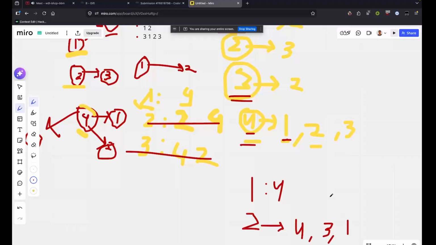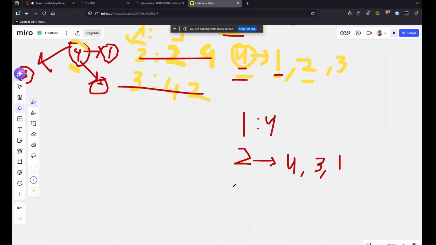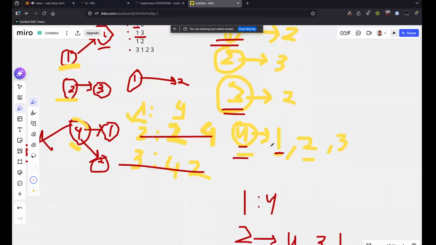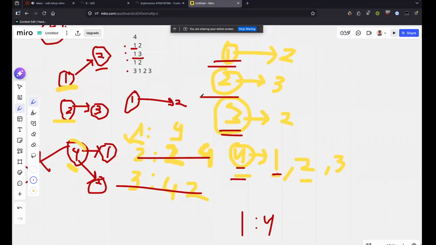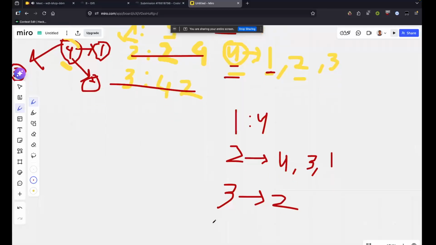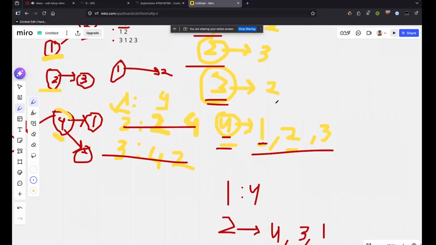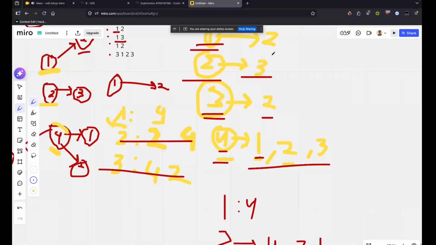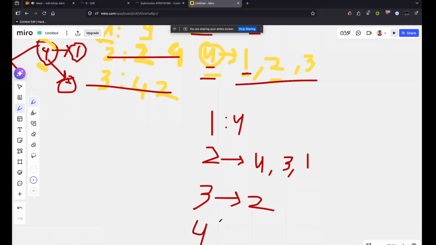And the third person, he is receiving gifts from person 2 only. So we'll be writing 2 only. And person 4 is not getting any gifts in the receiving end, there is no 4. So he'll be not getting any gifts.